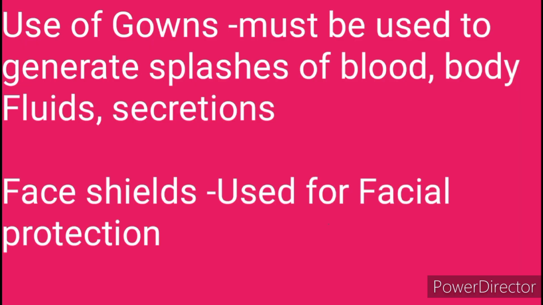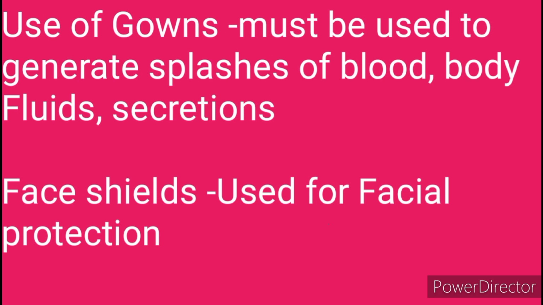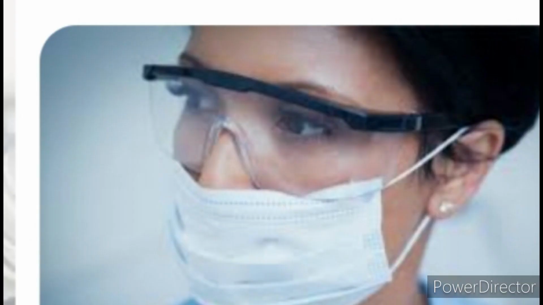Gowns must be used to prevent splashes of blood, body fluid or secretions. Face shields are also used for facial protection against splashes of blood or body fluids. Eye protection or goggles prevent splashes or sprays of blood, body fluids, secretions and excretions.